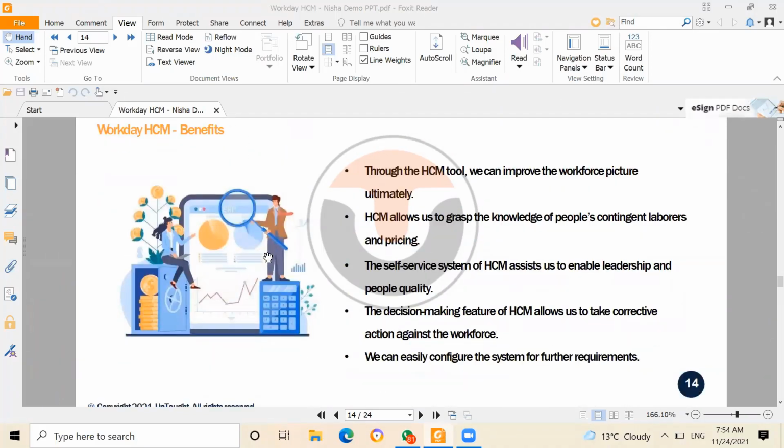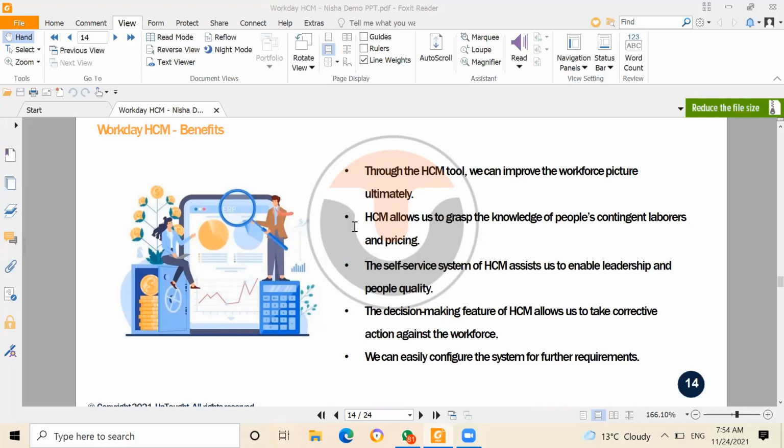This is a software, and what is the benefit? See, the benefit of being a trainee, a learner, and the benefit of being a client are different, right? So you are a learner. If you're going to learn this, obviously the market is very much up. You can understand these things.